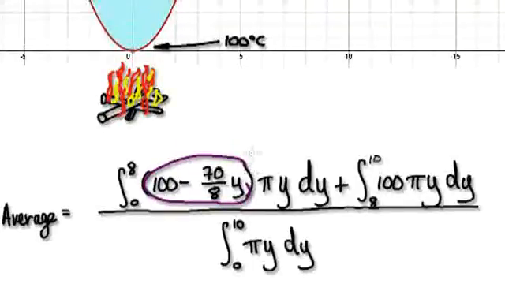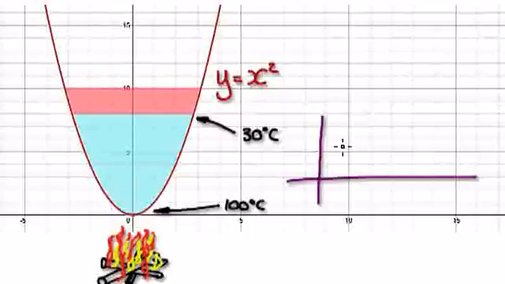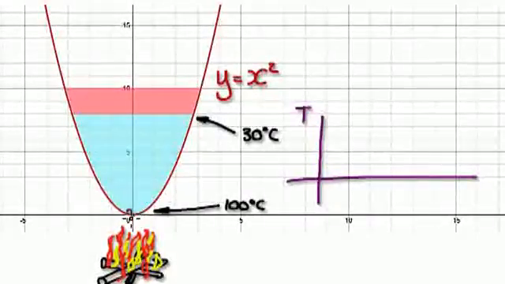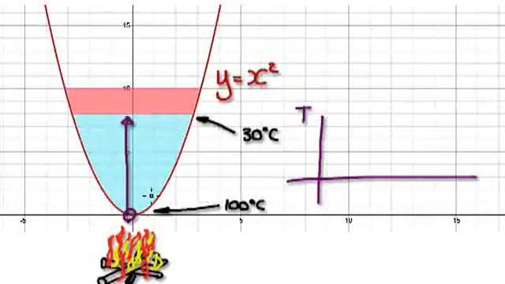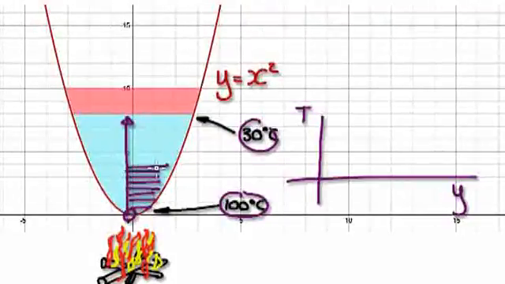So really, for the blue section, we are trying to set up our model in such a way that, if you draw a graph of temperature, don't forget our temperature is a smooth gradient from 100 degrees Celsius to 30. So if you plot a graph of temperature against the Y value, because remember we're summing up all the disks, so it's moving in the Y direction.